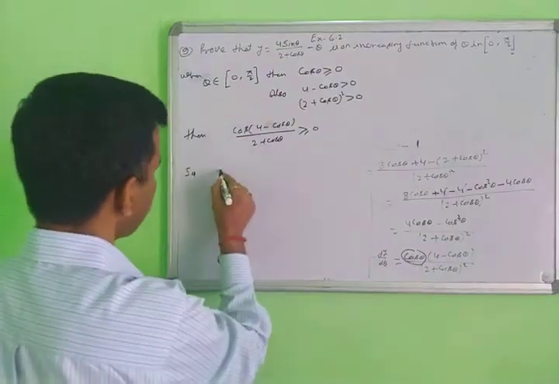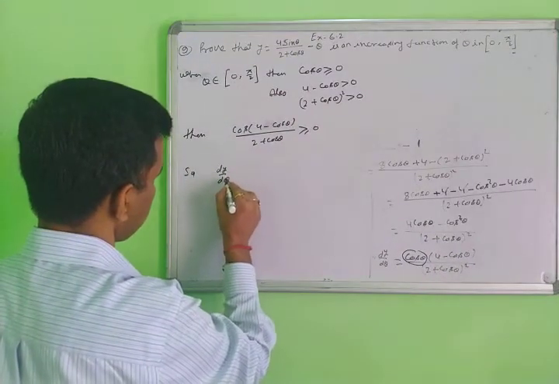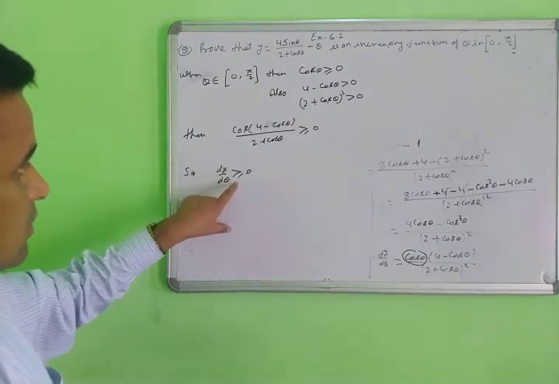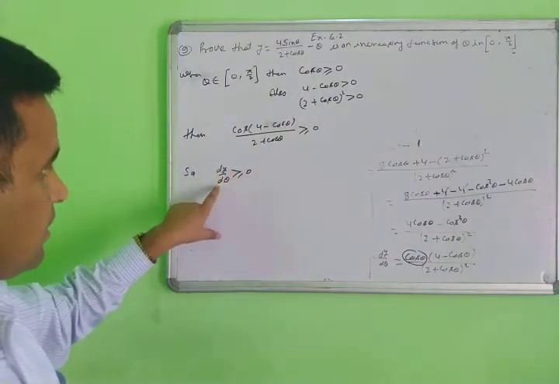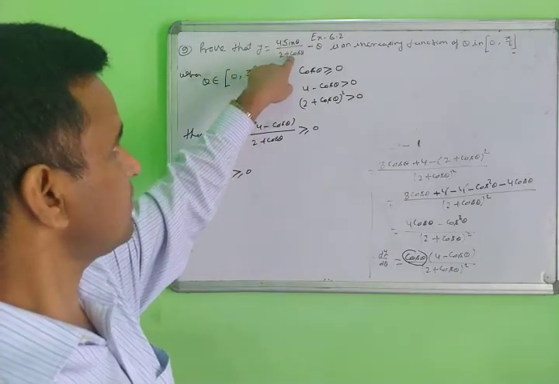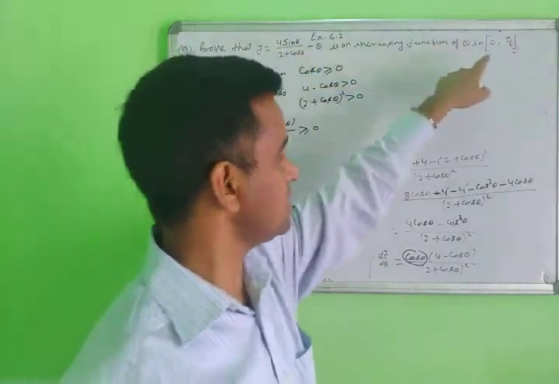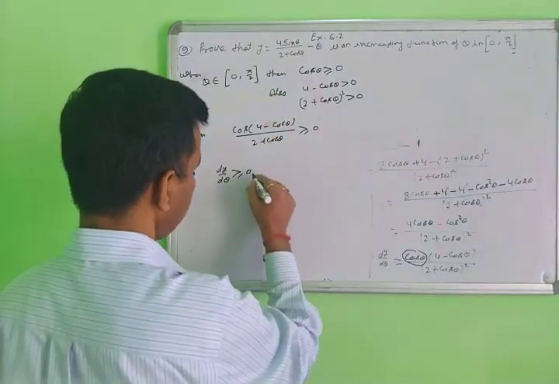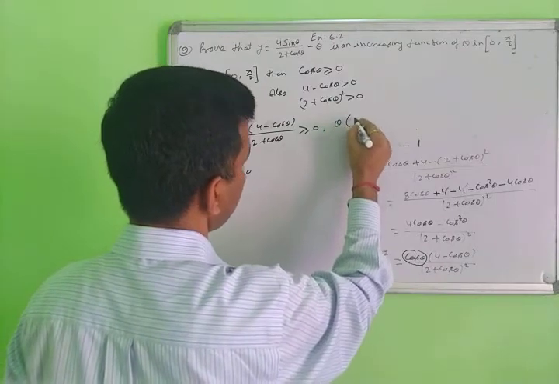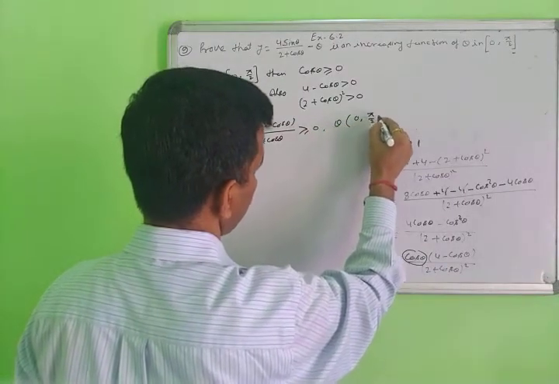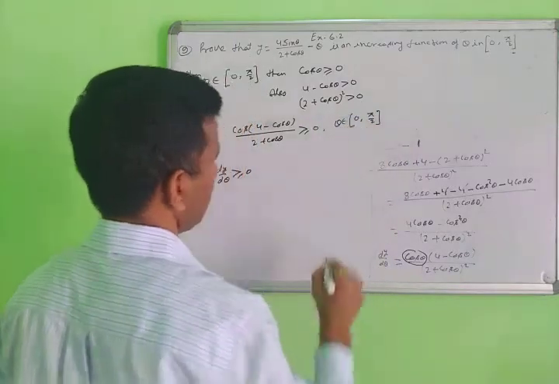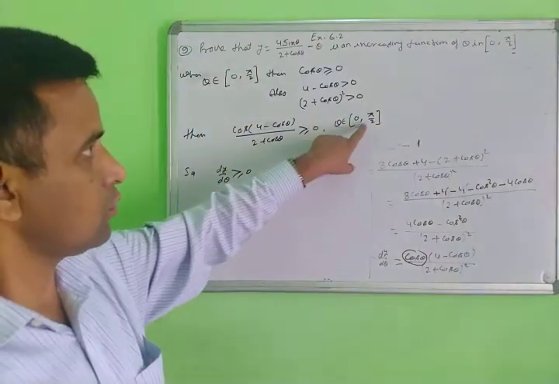Then dy over d theta is greater than or equal to 0. Suppose this is the condition of increment: dy over d theta is greater than or equal to 0, which means the derivative of this function is greater than or equal to 0 in this interval, where theta belongs to 0 to pi by 2.